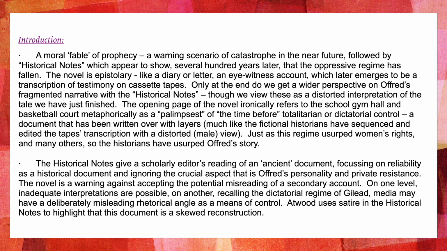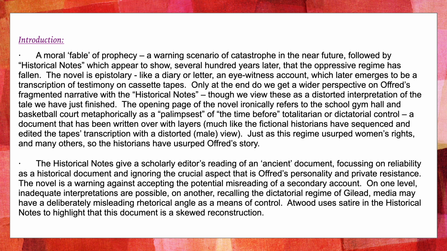I will look in greater detail later at the opening page of the novel, in which we get this ironic reference to the gym hall that the handmaids sleep in, metaphorically as being a palimpsest of the time before the totalitarian control of Gilead.